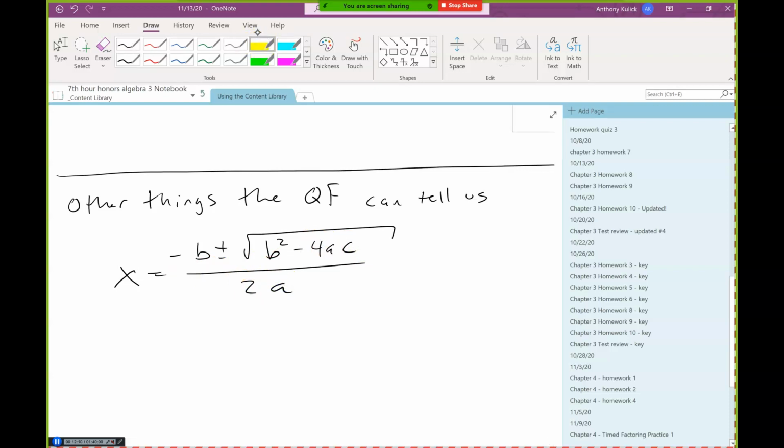That's the quadratic formula. We all remember that. We just talked about it the other day. The piece that we're going to be using here is this piece, the b squared minus 4ac. We refer to that piece as the discriminant.